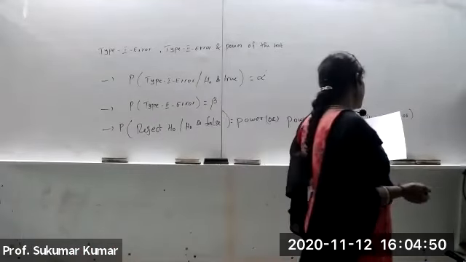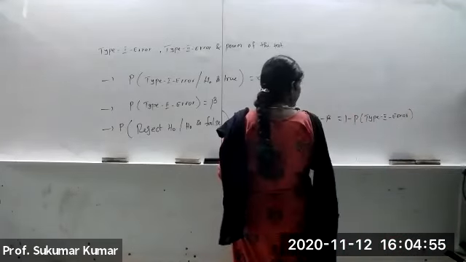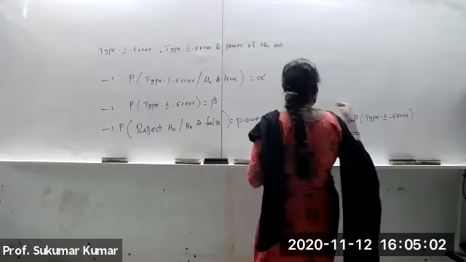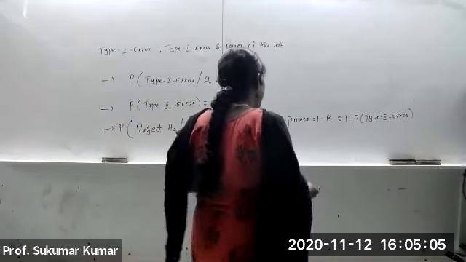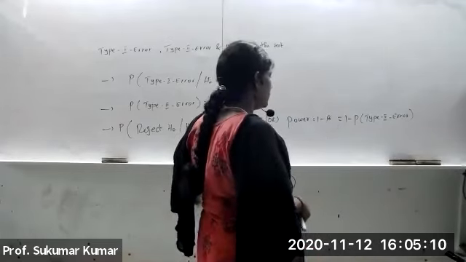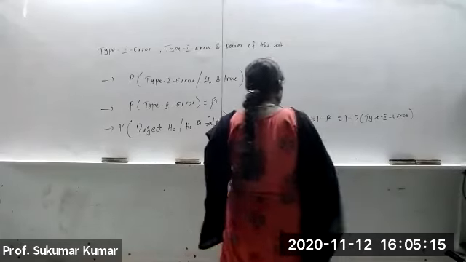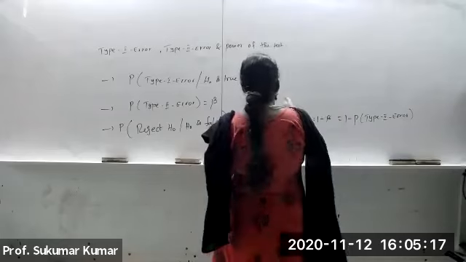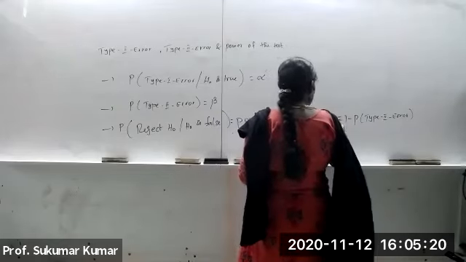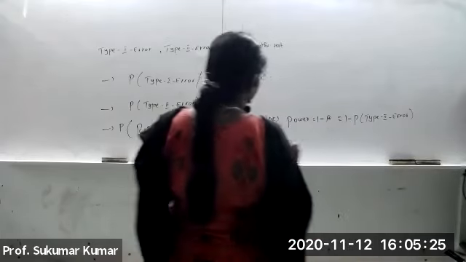So, alpha increases means beta will decrease, and beta decreasing means the power value will increase. If you choose alpha very low, the beta value will be very high, so the power is almost 0. When beta increases, there is no power. If alpha is very high, then beta is very low, and the power value will increase.